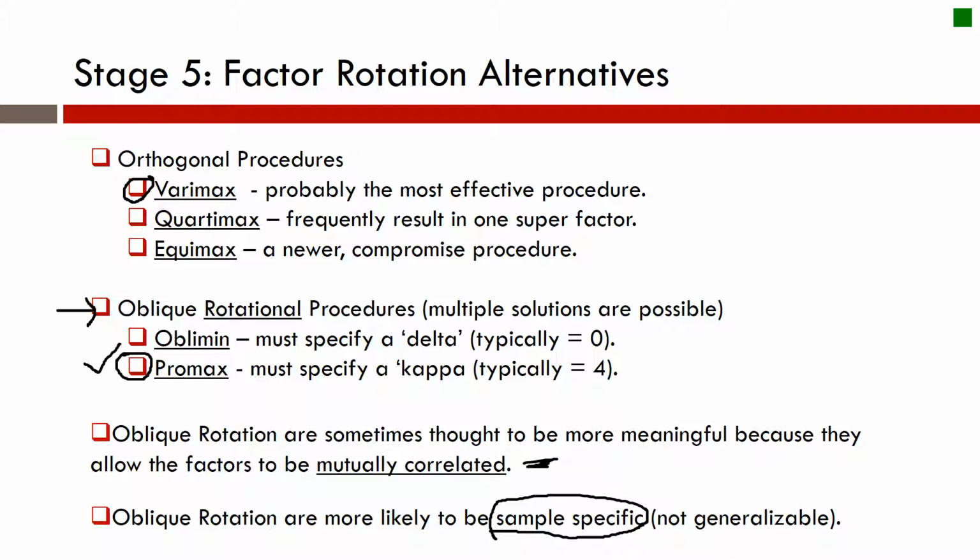Anyways, with that said, you've got a lot of options in terms of being able to rotate your data to produce a solution. Again, I generally run with a Promax solution initially. When you're testing and playing around with factors, you may want to just try different ones.